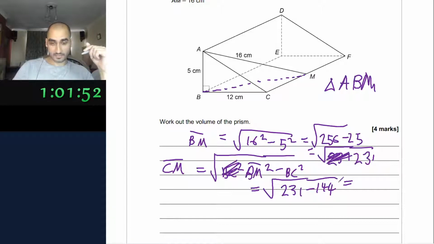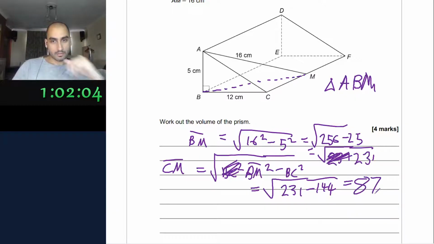Hang on, I can't do basic arithmetic anymore. Square root of 87.